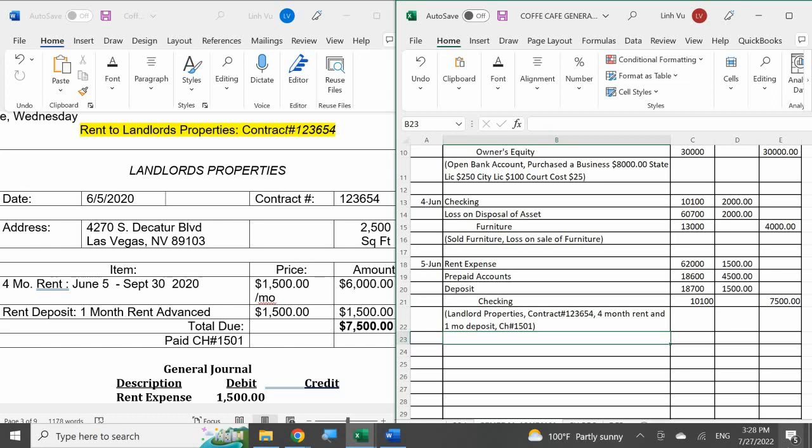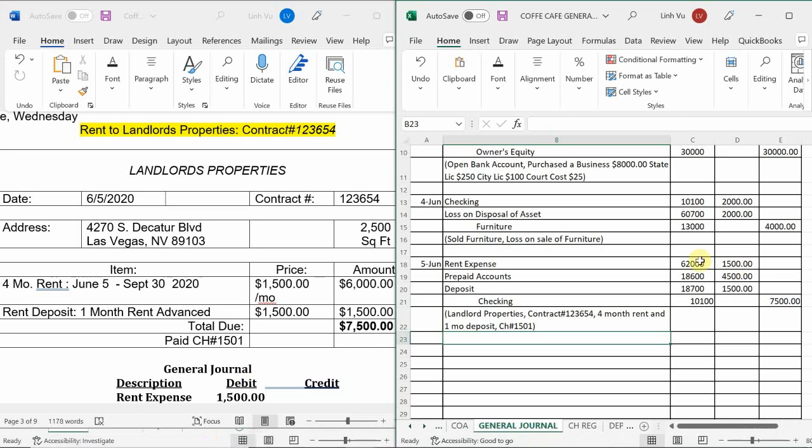So this will give you another source of information to back up your transaction. So now that I have all that information there, my journal looks complete, right? I completed the check register because it needed to be done in order to verify that this transaction has gone through. So what step is next?